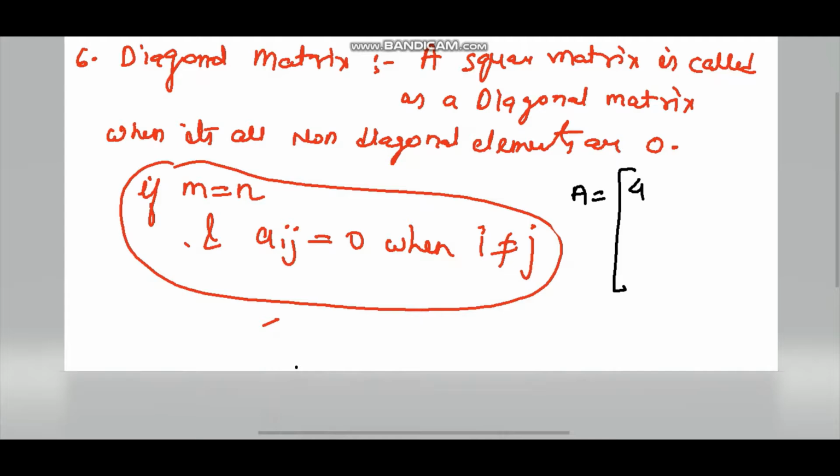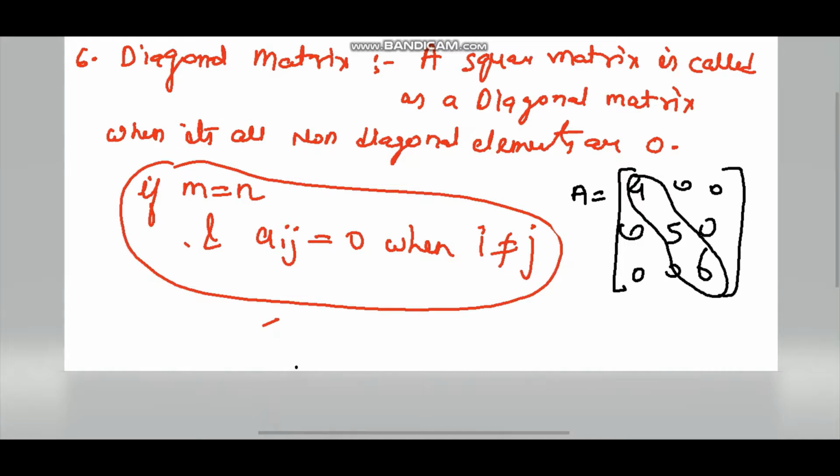A is equal to diag 4 5 6. This is the principal diagonal and all other elements are 0, hence it is called a diagonal matrix.